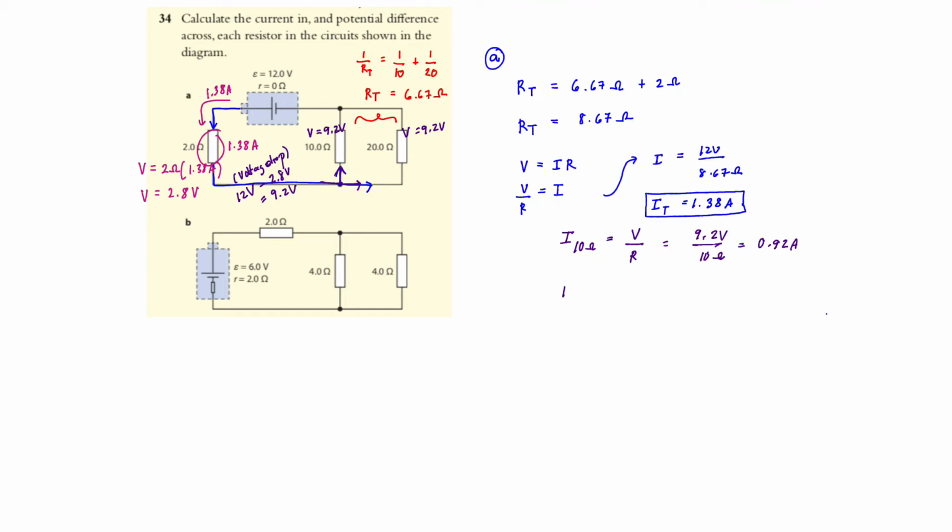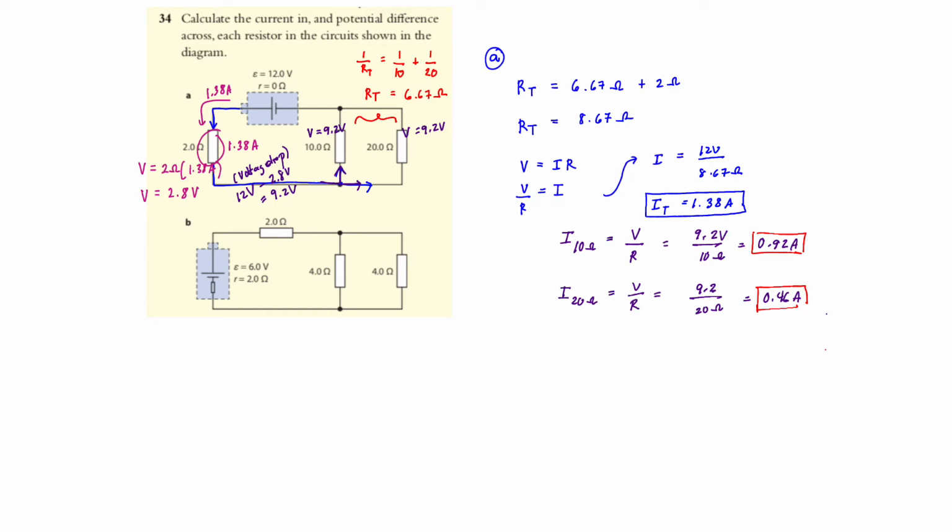And then the current at 20 ohms is again V over R, 9.2 divided by 20 ohms, and that would be 0.46 amperes. So to answer the question, 0.92 is the current for this, 0.46 is the current for this, and the voltage for the 2 ohm resistor is 2.8 volts.